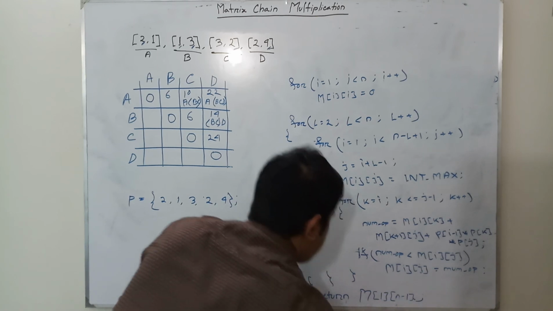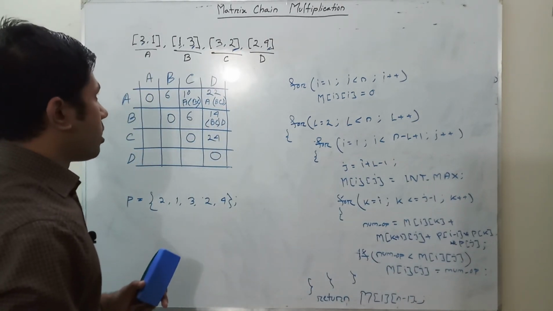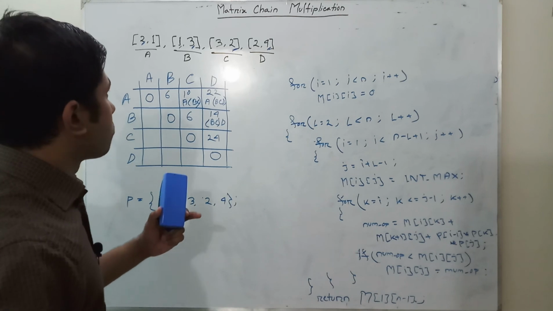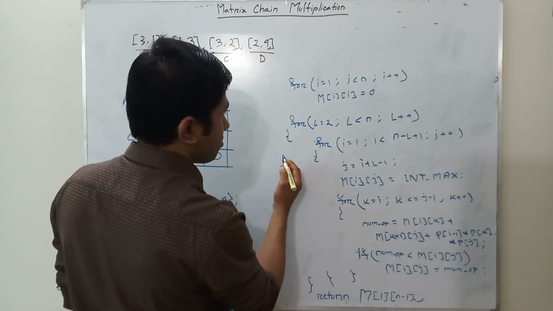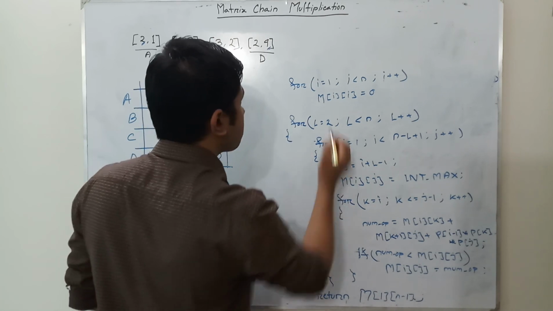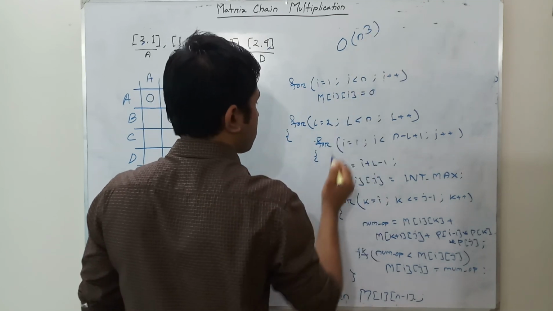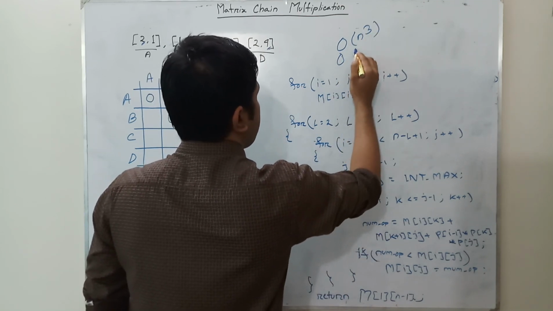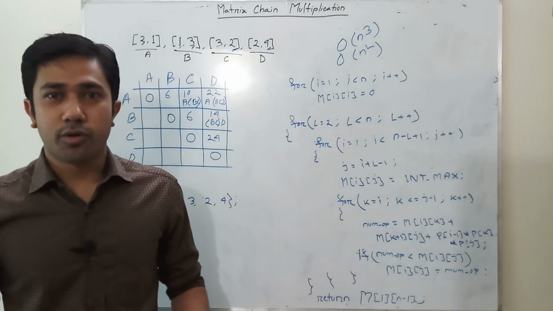In this implementation we need the time complexity for 3 loops, big O of n cube, and also memory complexity here n square. Thank you for watching the video.